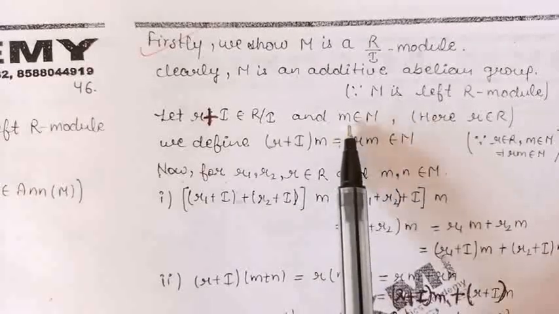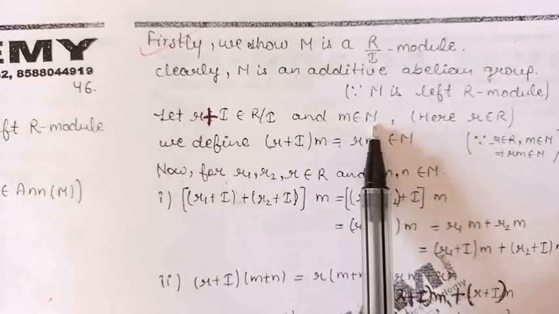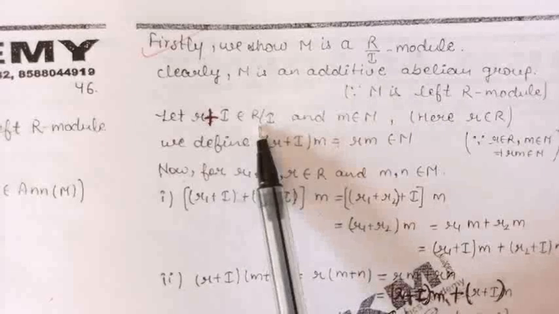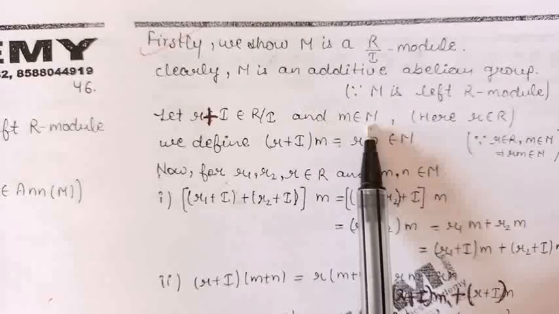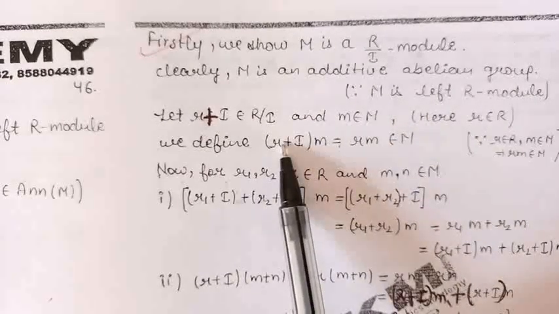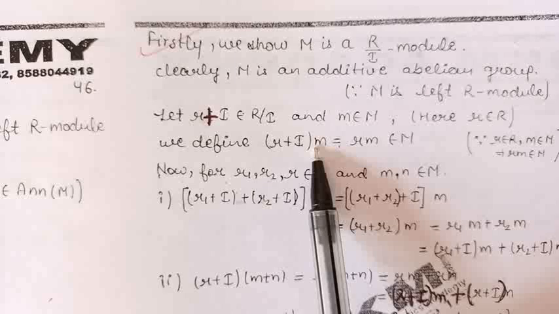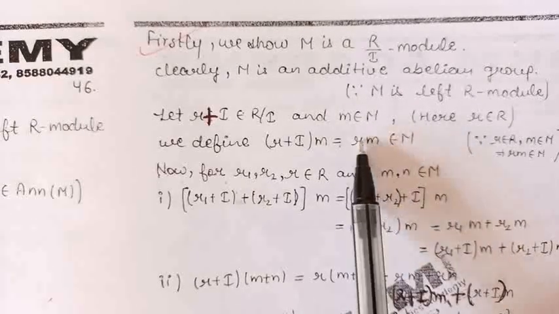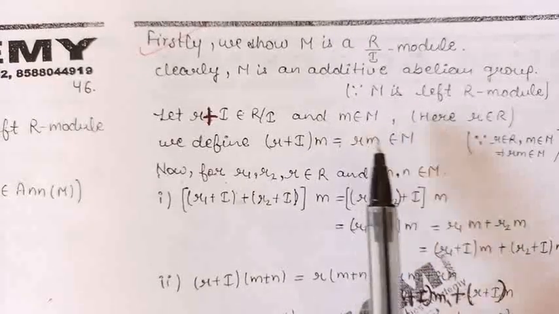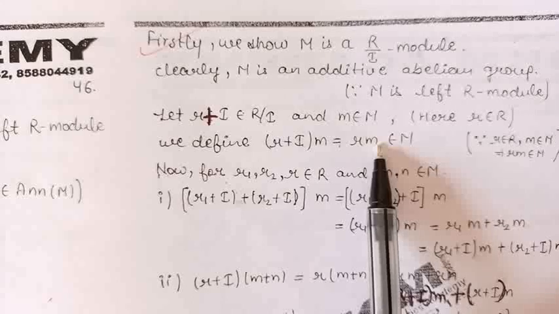And let us take an element m belonging to the module M. Now we are to define the scalar multiplication of elements of R by I with elements of M. So (r plus I) into m we define as rm, because r belongs to ring R, m belongs to module M, and M is a left R module.